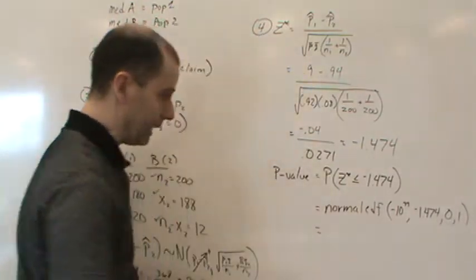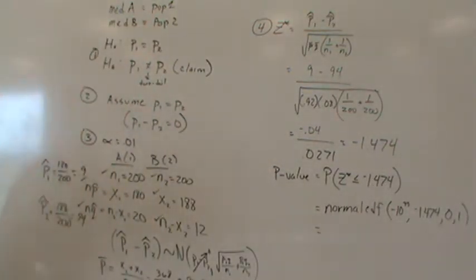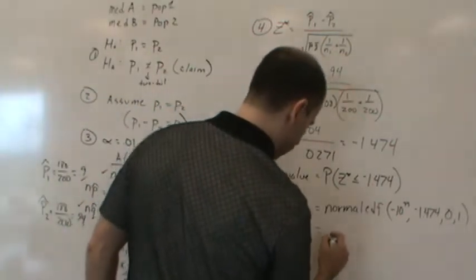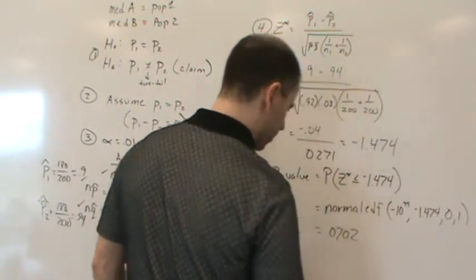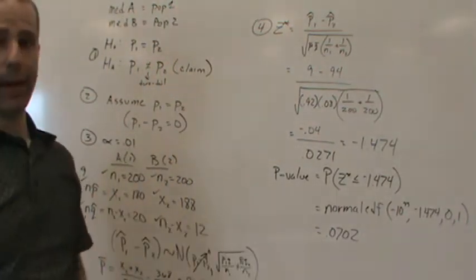And so now my p-value, I can just use my calculator: negative 10 to the 99th power, comma, negative 1.474, comma 0, comma 1. And now I get 0.0702, and now I can do my comparison.